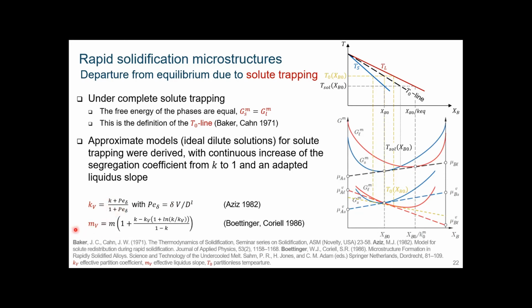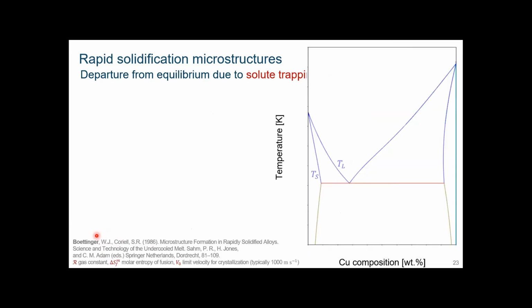And similarly, you have an expression for the slope of the liquidus that changes with velocity. These are approximations. So if you take the silver-copper phase diagram, this is the liquidus, this is the solidus, and these are the two expressions I've shown before. m_V is the slope for a given velocity, using k_V, the segregation coefficient for a given velocity.